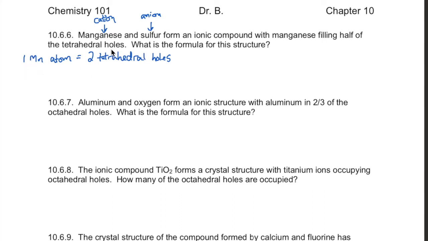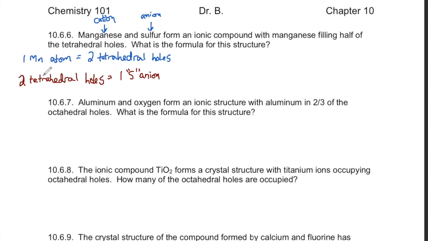Also, from our knowledge of the closest packing structure, we know that a closest packing structure has 2 tetrahedral holes per anion. So for every anion, there are 2 tetrahedral holes. Our anion is sulfur, so I said that we have 1 sulfur. This isn't a 5, it's an S. 1 sulfur anion. There's 2 tetrahedral holes for every 1 sulfur anion.